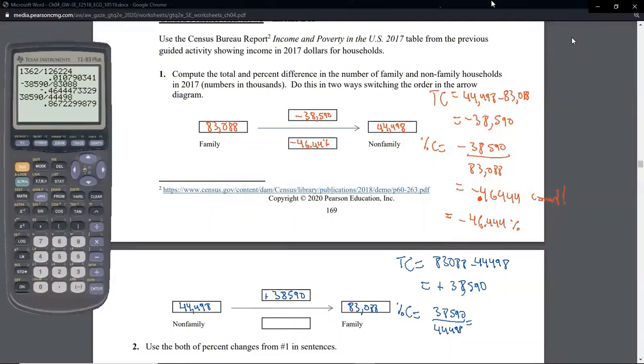And we get 0.86, etc. Converting this, you'll end up with 86.72 and more digits percent, which rounded to 2 decimals is 86.72%. And that's an increase.